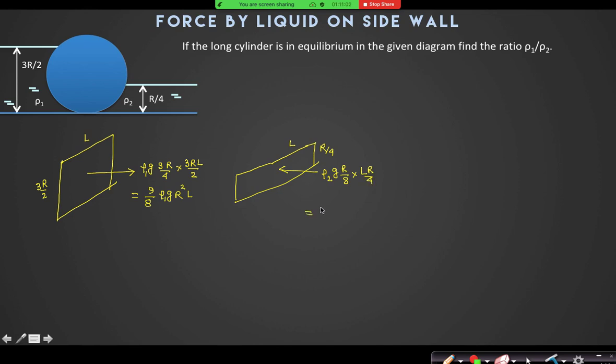That force is equal to 1 by 32 into rho 2 g r square L. Now these two forces must balance each other, F1 and F2, because in the horizontal direction no other force is there. F1 equal to F2.